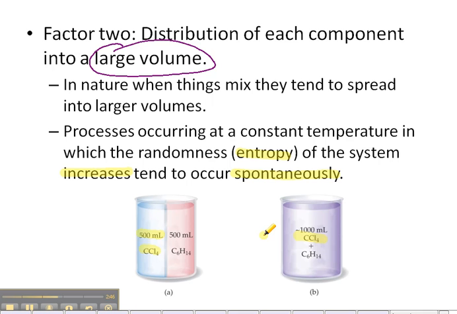And here, this C6H14 is occupying 500 milliliters. Here, it's able to occupy 1,000 milliliters. So we had an increase in its volume. So we would consider this to be spontaneous because it increased the volume.